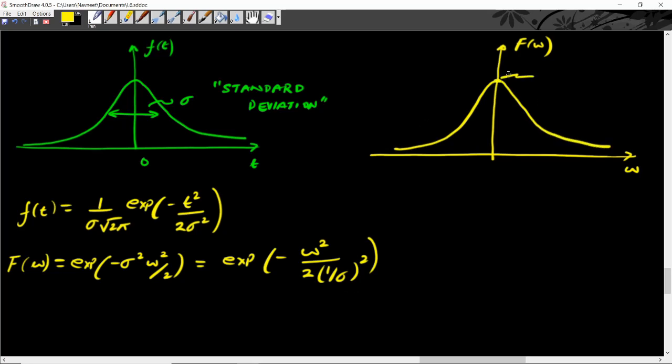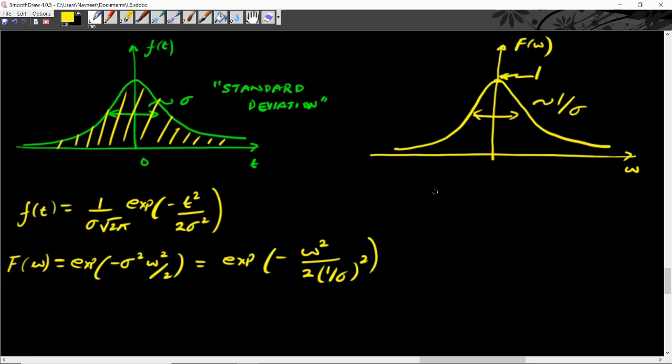And now that we are familiar with our Fourier transform, even without looking at this function, we can tell that this particular peak has a value of 1 because the area under the curve in time domain is 1. And the width of the Fourier transform scales as 1 over sigma, again, which is the reciprocal of the characteristic width of the function in time domain.